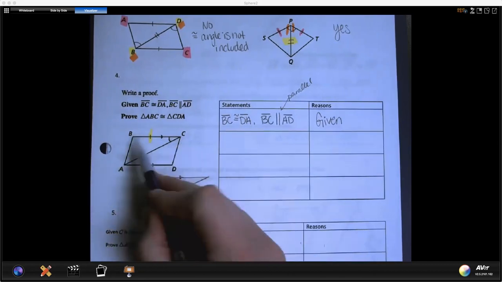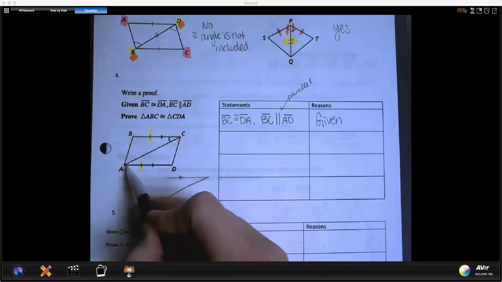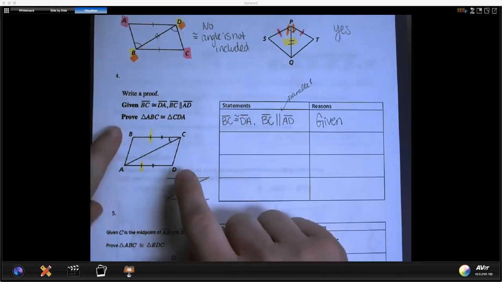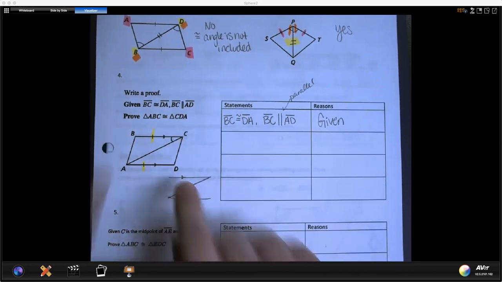What would that go with? So you said BCA. Okay, so what's the matching part with B? Anyone can answer that. What letter matches with B? Yeah. Oh, angle CAD. Nope. So again, we're trying to picture parallel lines.